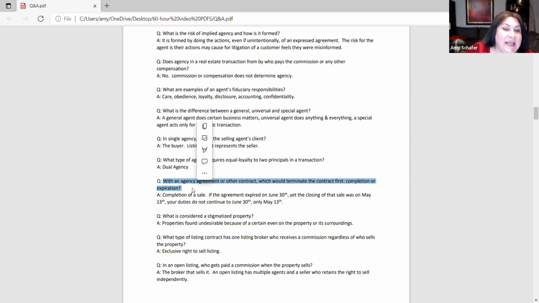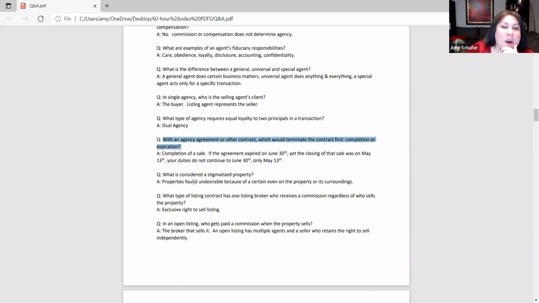Death or incapacitation of either party. Foreclosure, bankruptcy, destruction. These are all great answers, but your first opportunity to end those agreements is completion of sale. You had a closing, you did the job that they hired you for, you did it faster than the extent and last date on the contract, you made a commission.